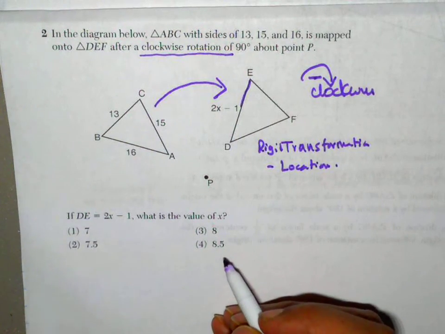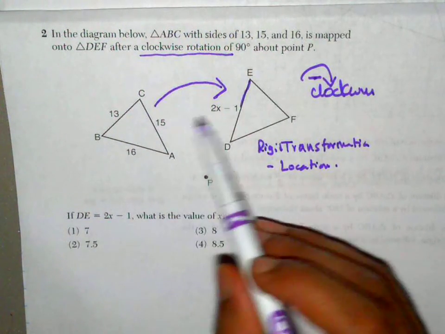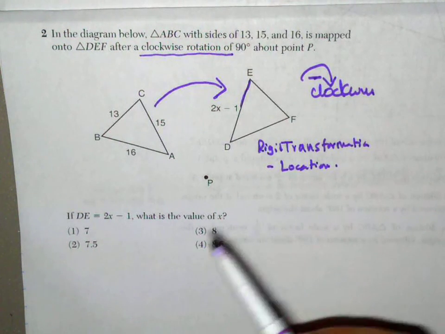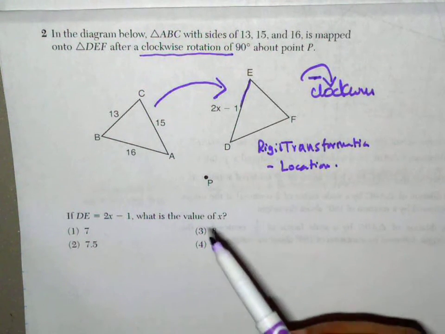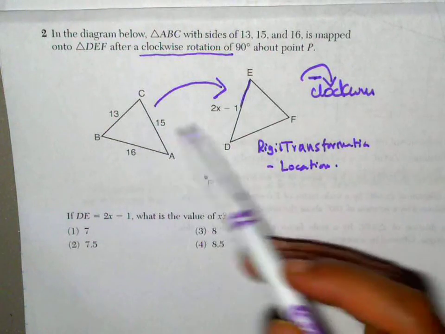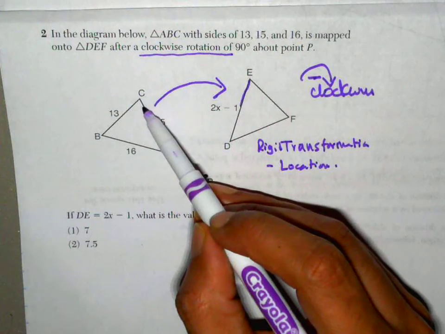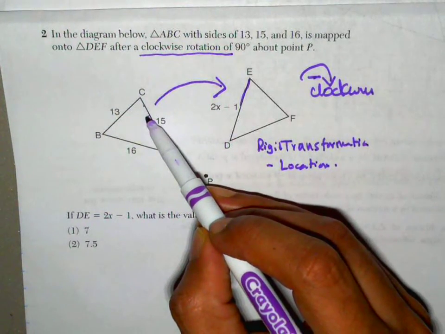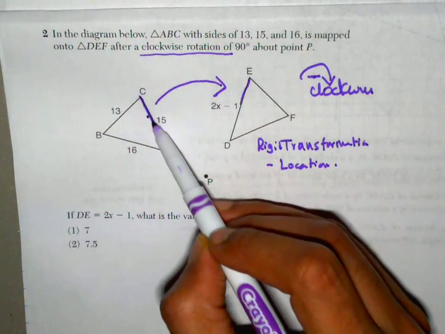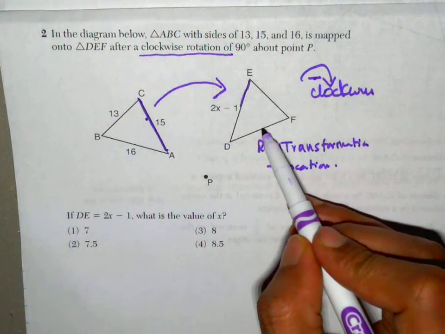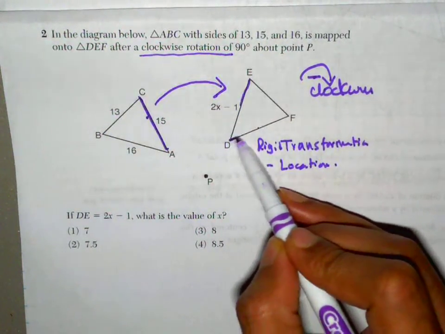Now in order to do this, we know that rigid transformation only changes the location, not the size of the shape. So we have to now figure out the corresponding sides. When we have the rotation, this side, AC, will be rotated about 90 degrees and mapped onto this side, DF.